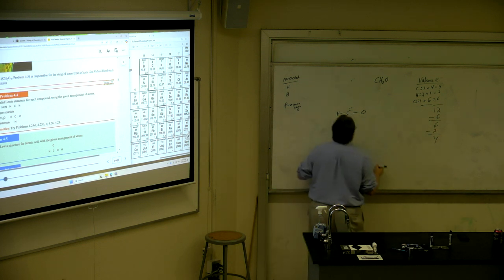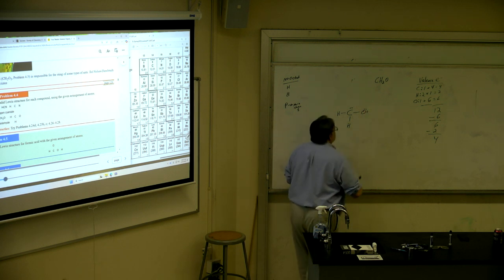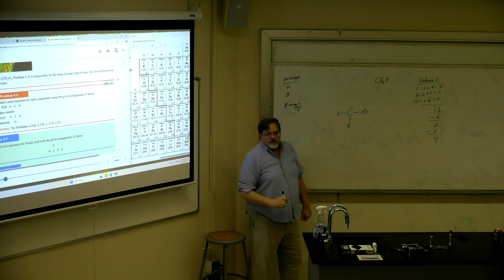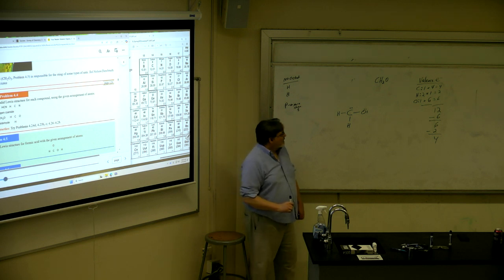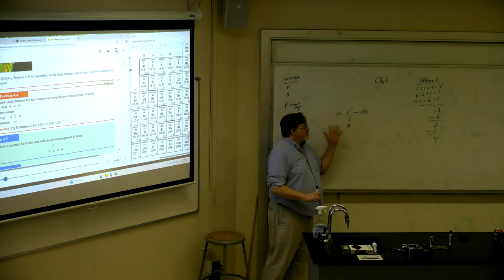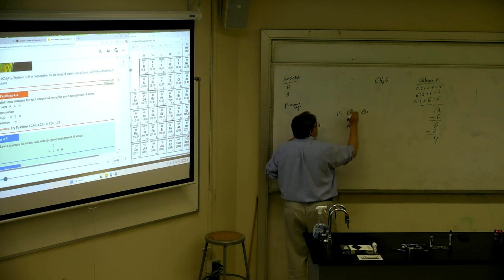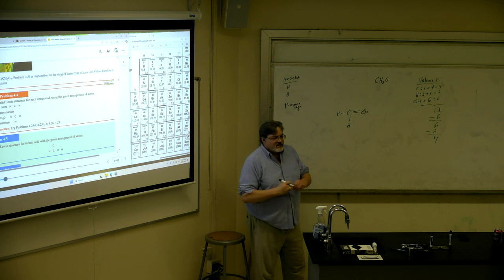Got 4 left. Do that. So what's the problem I'm left with? Oxygen doesn't have the octet. Carbon has 8 around it, hydrogens don't need 8 around them. This one only has 6 around it, 2, 4, 6. To get more there, I'm going to steal that pair, and now they all have an octet. Make sense?